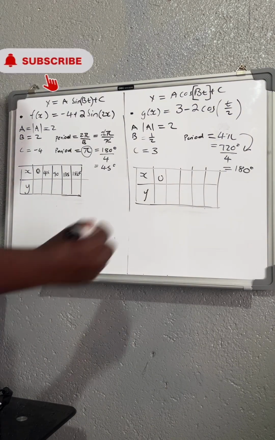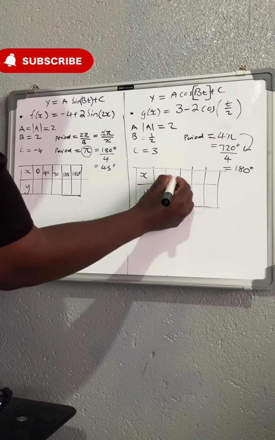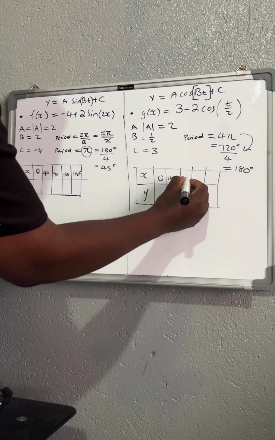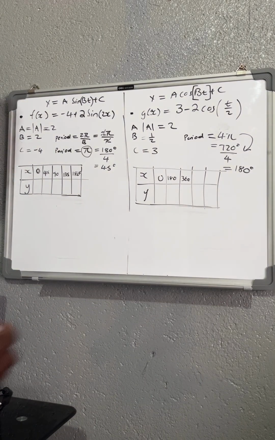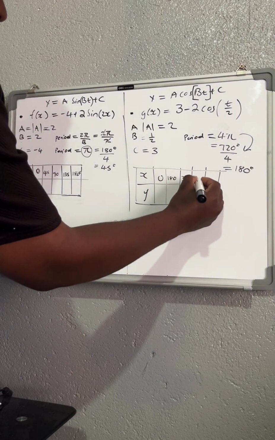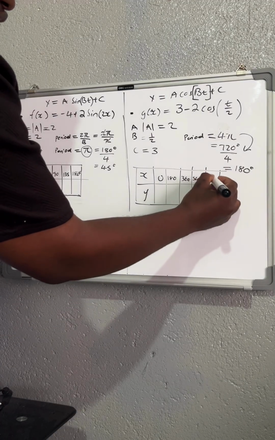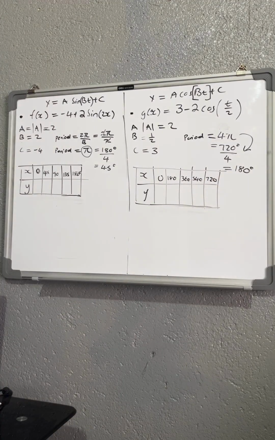In this one here you are going to have your 180, then 180 plus 180 you have your 360, 360 plus 180 you have your 540, then 540 plus 180 you get back to that 720.